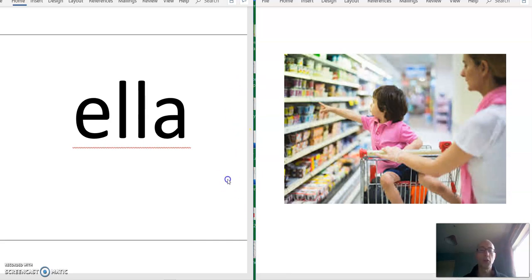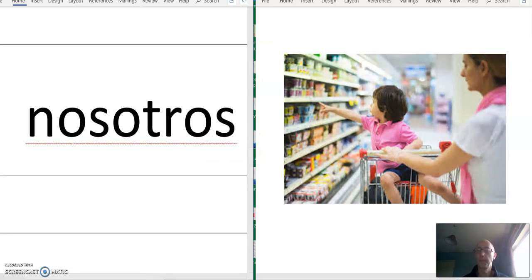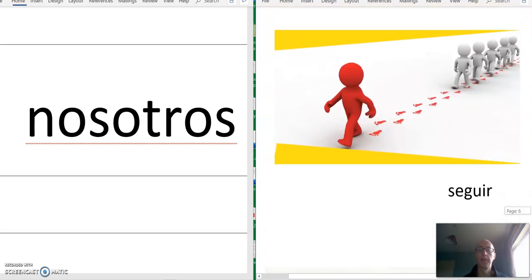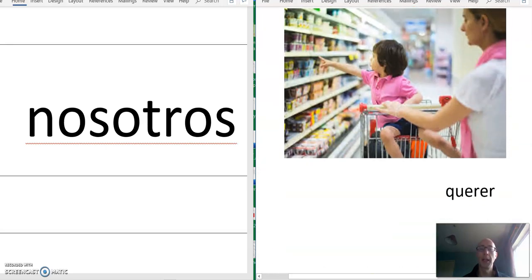And let's try one more. Let's try the nosotros. So remember, nosotros is regular conjugation. Nosotros seguimos. So let's try it again. Some other ones. Nosotros queremos.